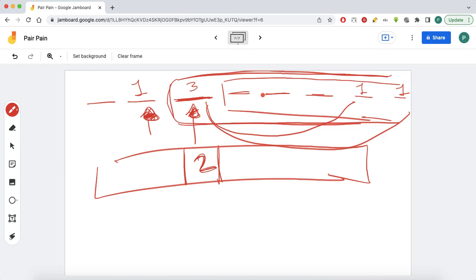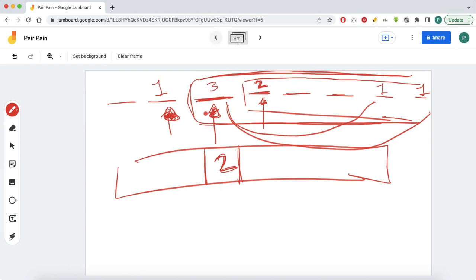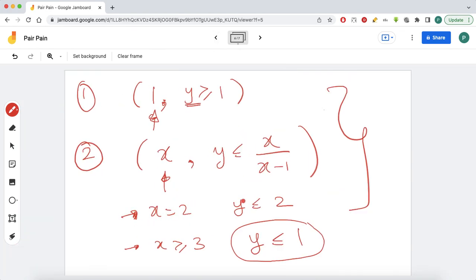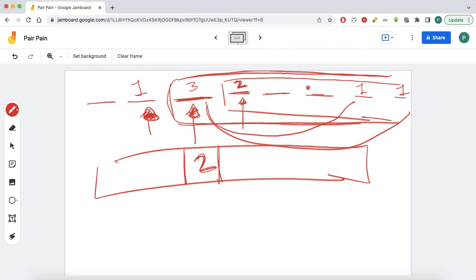Okay, let's say that we are at this position and the element over there is 2. So when x is 2, all we need to do is find all such y which are less than equal to 2. So let's say we have 2 over here.